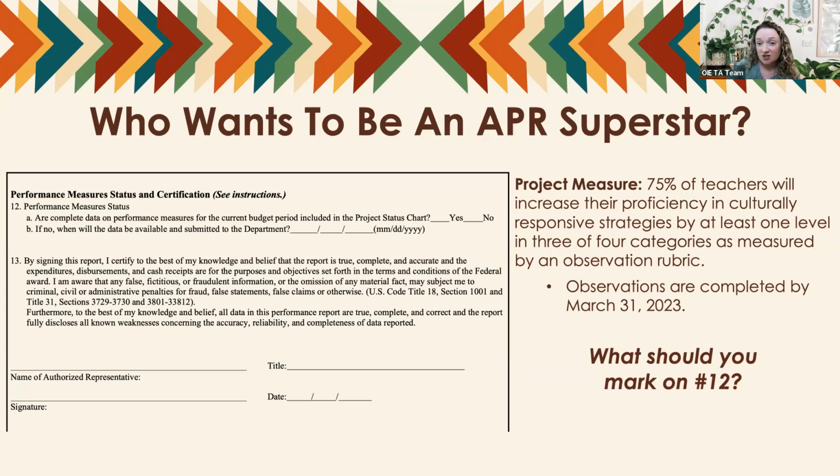So all observations this year had to be completed by March 31st. And so when I come to do my APR, what should I mark on 12? Should I mark yes, that I have data available, complete data, or should I mark no, that I do not have complete data available? And this one's more of a fast finger question. So you got about 15 seconds, and then that's going to lock in your answer choice.